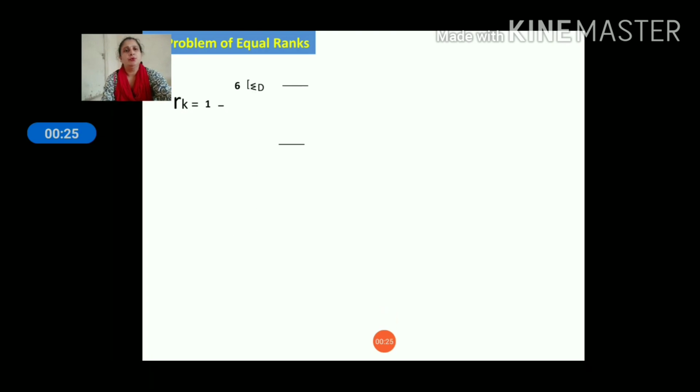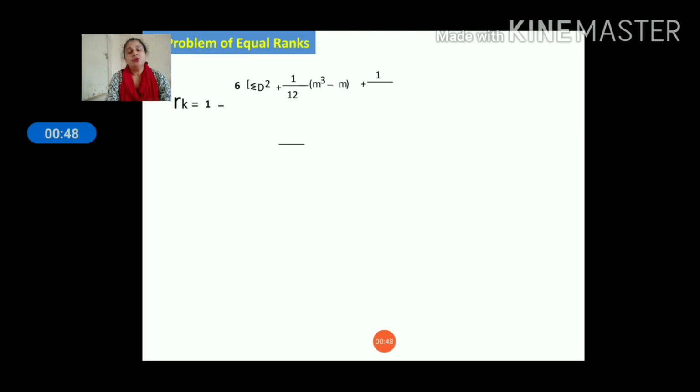Here also the formula will have 6 summation D square, but because ranks are shared, a little change in the formula will take place, and it will become plus 1 upon 12 m cube minus m.